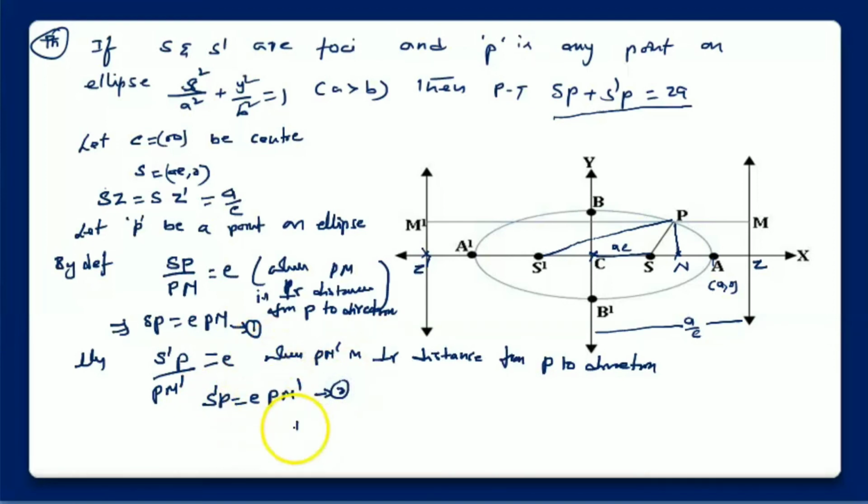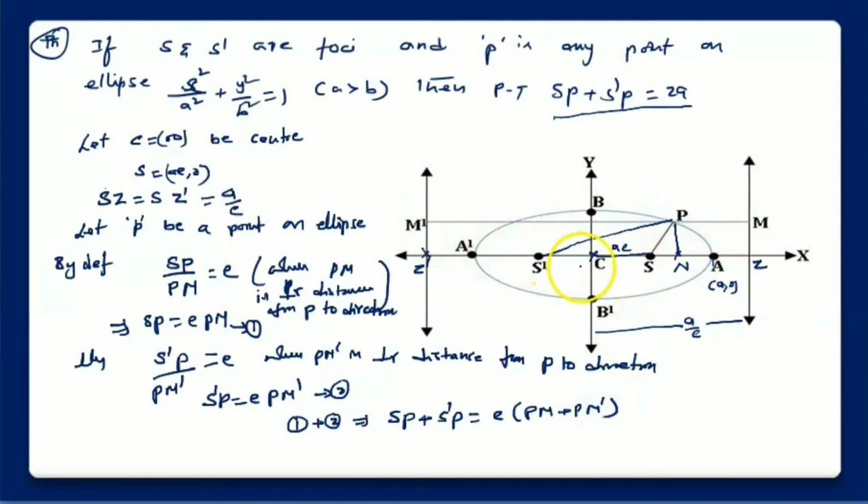When you add 1 and 2, SP plus S dash P is equal to e into PM plus e into PM dash, which can be written as e times (PM plus PM dash). Look into the diagram.